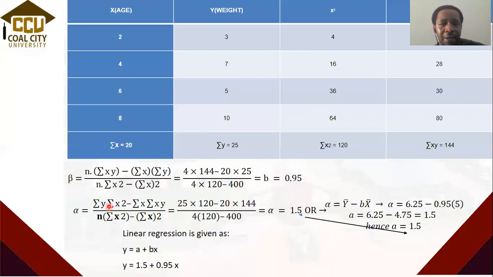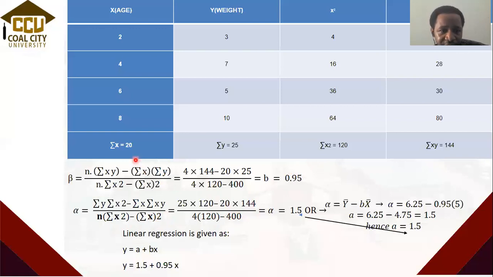When you substitute, summation y, of course, is 25, as you can see here, times 120, which is summation x squared, minus 20, which is summation x, times summation xy, divided by 4, which is n, into 120, which is summation x squared, minus 400.